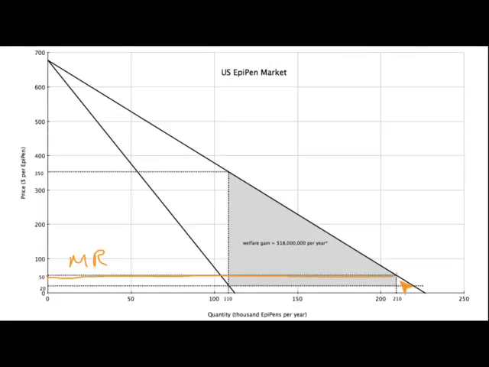And notice there still is this teeny deadweight loss triangle, but the way I've constructed this problem, essentially I've assumed that Mylan is a natural monopolist over EpiPen. That might not be true. Remember, they had a competitor, but the competitor did go out of business, which might indicate that there's only room in this market for one producer of EpiPens.